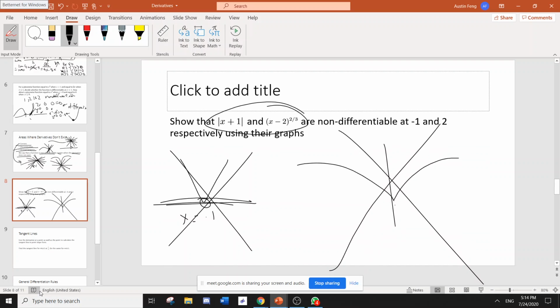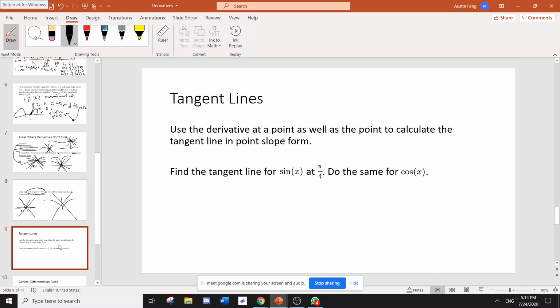Now tangent lines. We know that the derivative is the slope of the line, and all we need to do now is find a point. Luckily, we know that the tangent line goes through the point, so let's say we have f prime of c, and then we have c comma f of c, the point. All you do is use point-slope form.